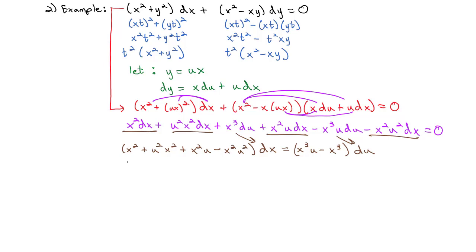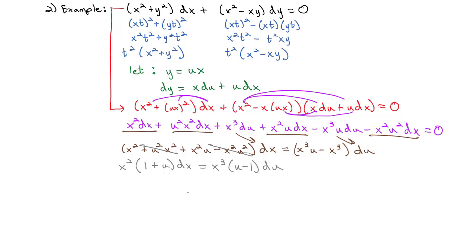And now it's clearly separable if we factor out the x squared. Actually, as I look inside here, we've got an x squared u squared minus x squared u squared. Those all go to 0, which is nice. So we have x squared times (1 plus u) dx is equal to, factoring out the x cubed, (u minus 1) du.